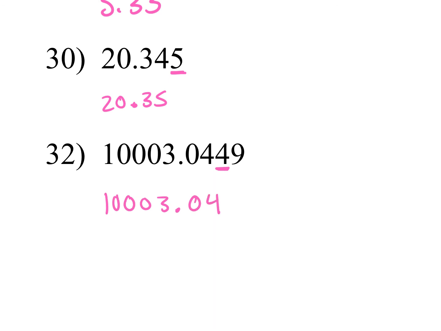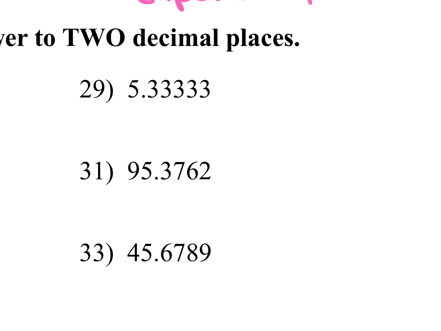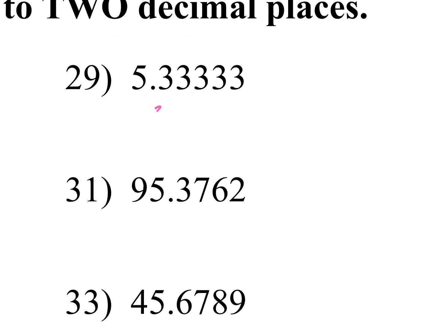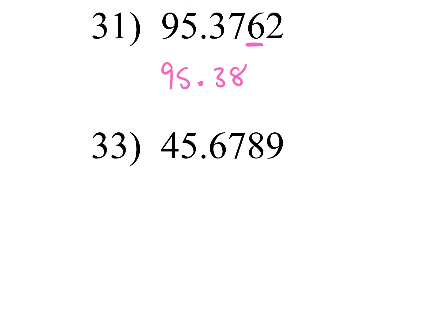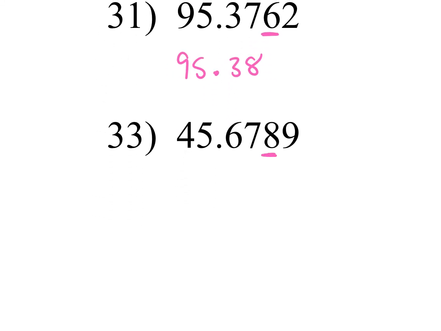Stays the same. 29, it's the same thing as 28, so 5.33. 31, so I look at the third one. Do I round up or stay the same? Round up, so 95 point. And then 33, do I round up or stay the same? Round up, so 45.68.